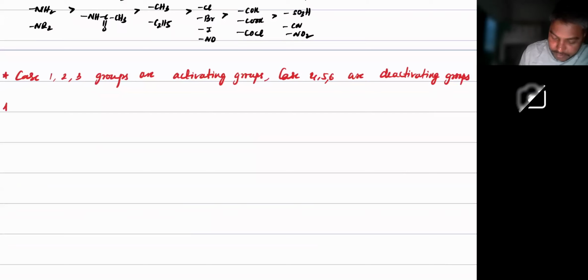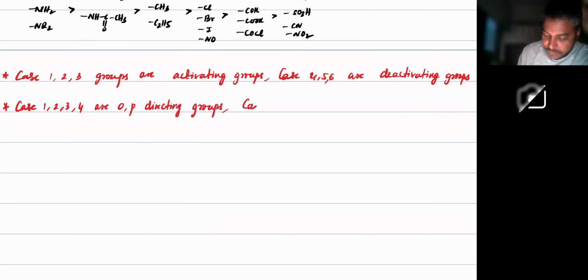The second important point is cases 1, 2, 3, 4 are OP directing groups, and only cases 5 and 6 are meta directing groups.